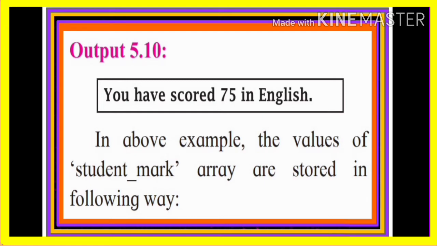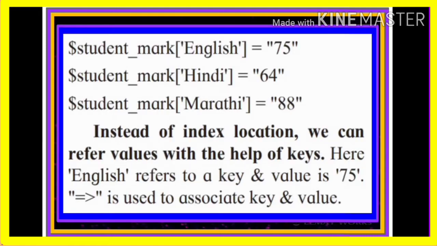In this example, the values of the student underscore mark array are stored in the following ways: $student underscore mark in square bracket English equal to 75, meaning in key 1, English, the value 75 is stored.